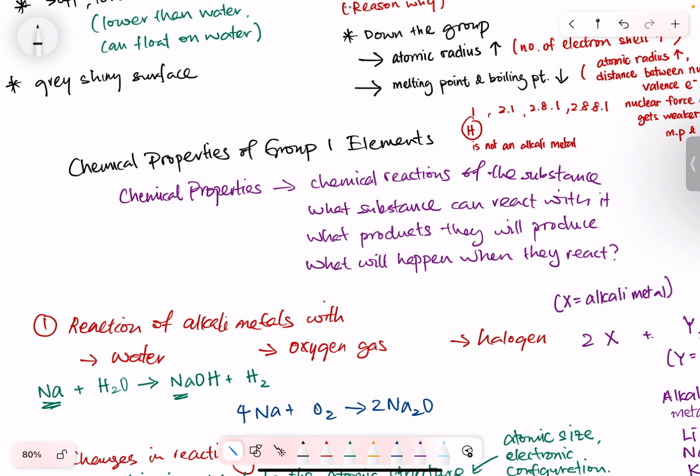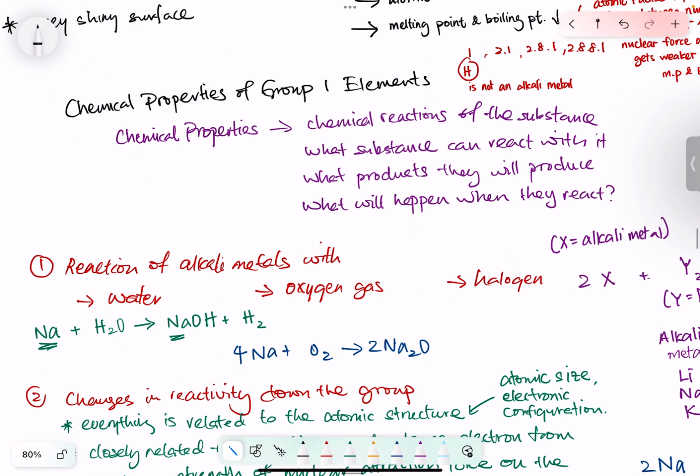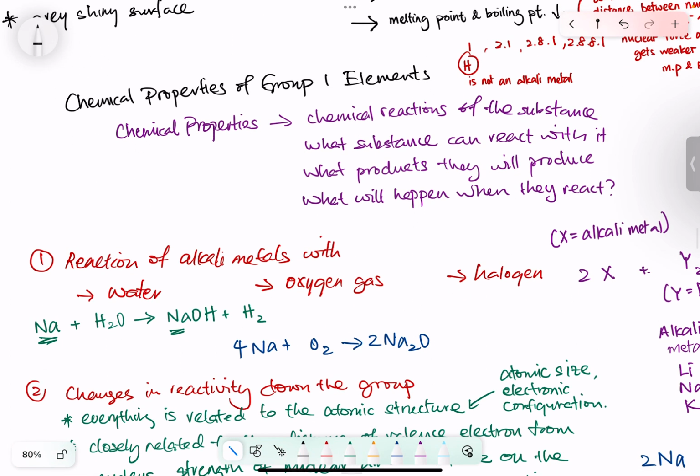There is also a very important concept: if we are able to observe similar chemical properties, it is also one of the methods we can use to say why two elements are put in the same group, although it's not as reliable as the one I mentioned previously.